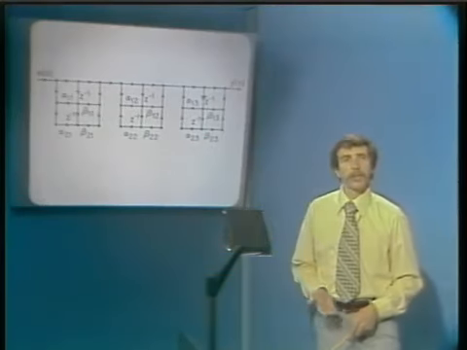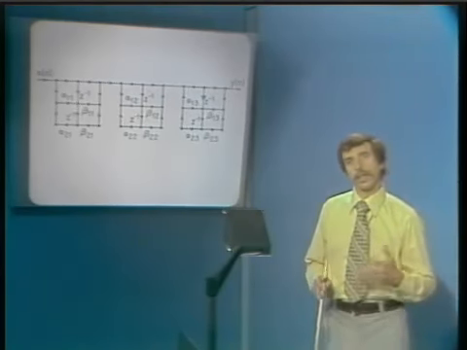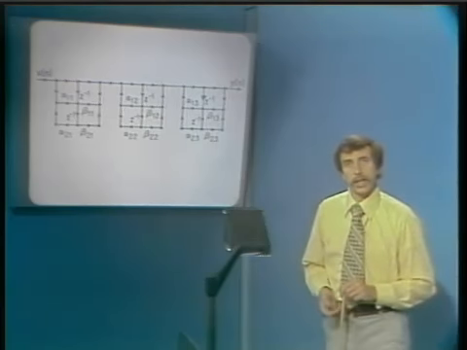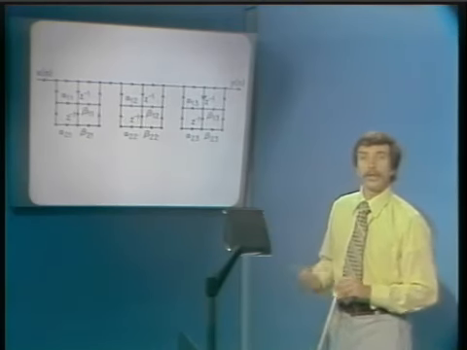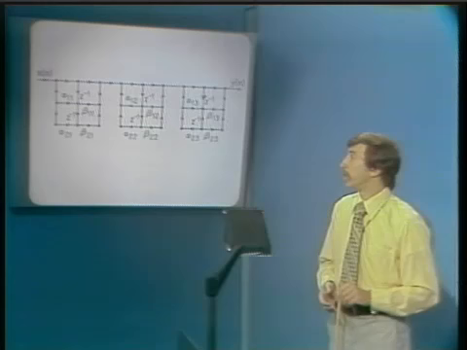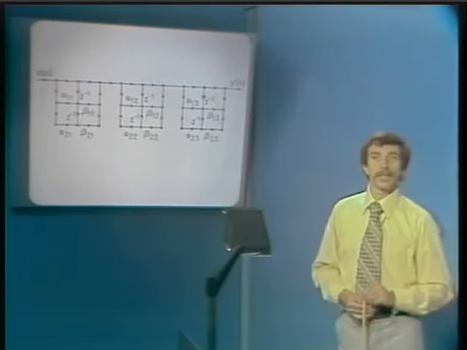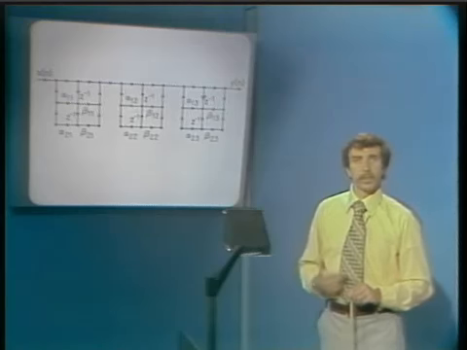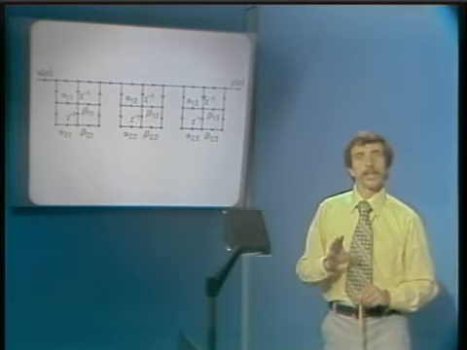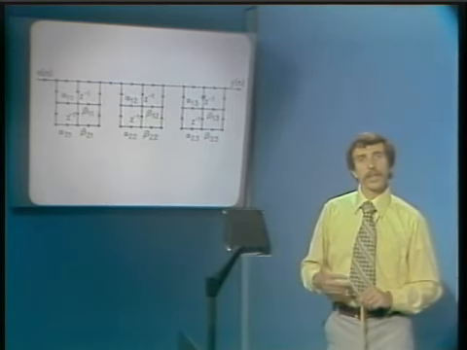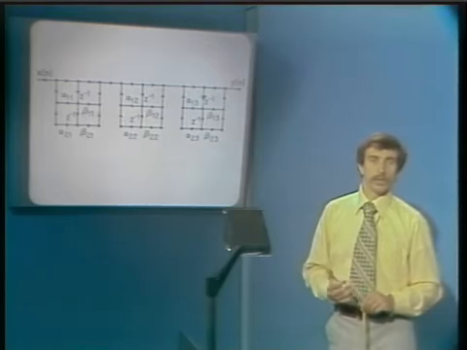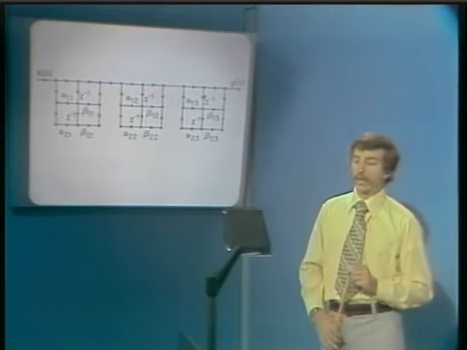Generally, what's meant by the cascade structure, and you can see again that there are a variety of cascade structures depending on how you choose to implement the pole-zero pairs, is an implementation of the transfer function as a cascade of second-order sections where the second-order sections can be implemented in a variety of ways.